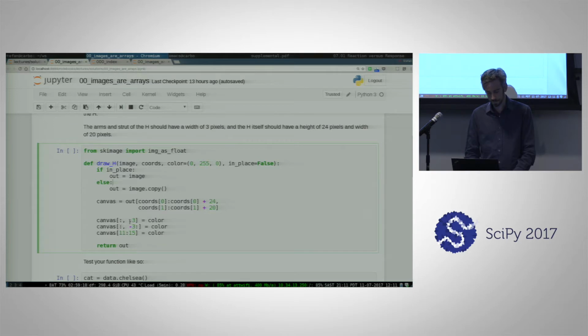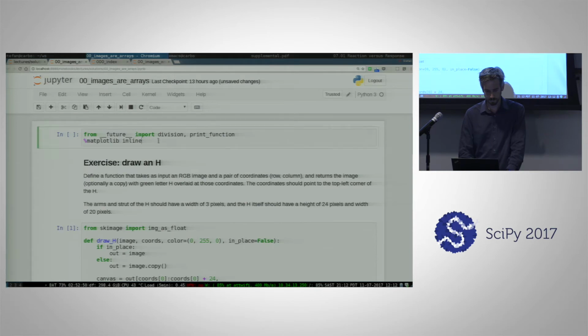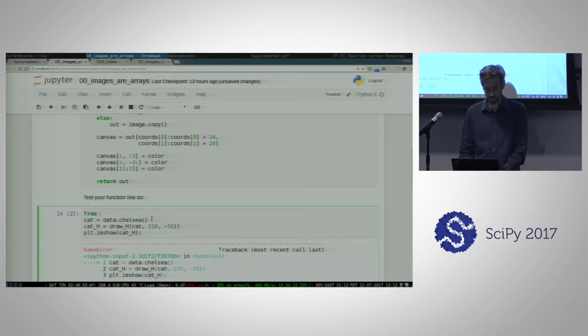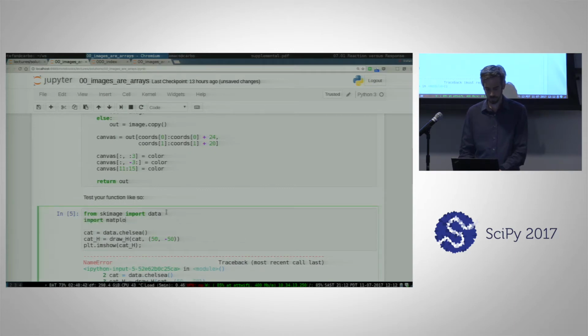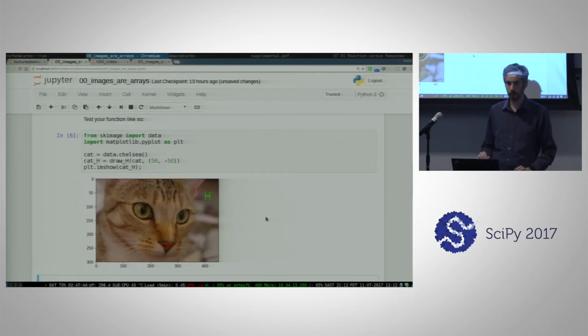And then on the canvas, I say take all the rows and make the first 3 columns that certain color, and the same at the end, and then draw the middle bar. Okay, so there's Chelsea with a little h on the side.